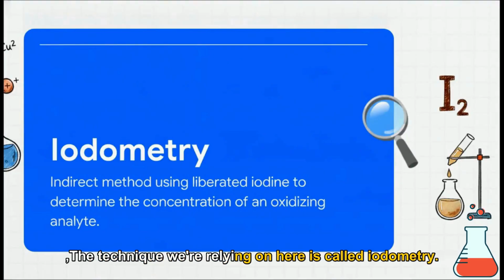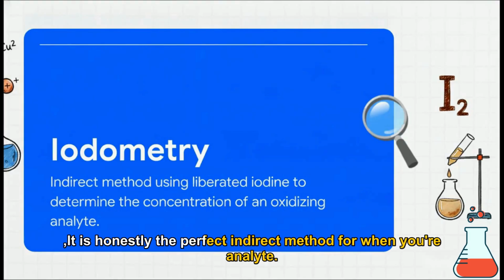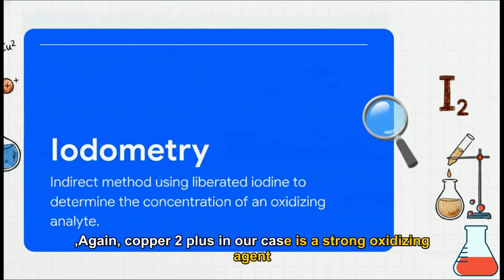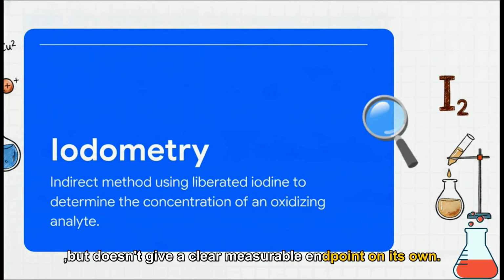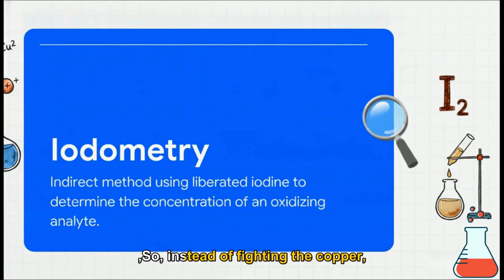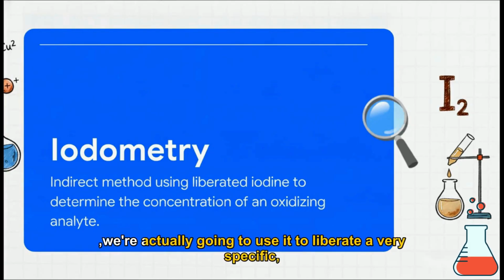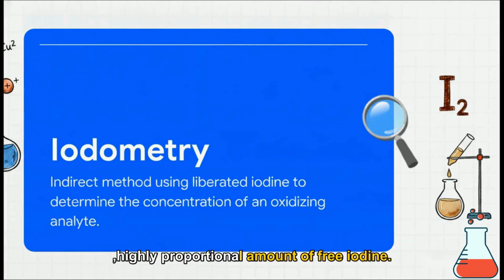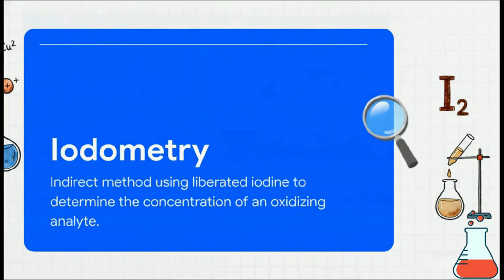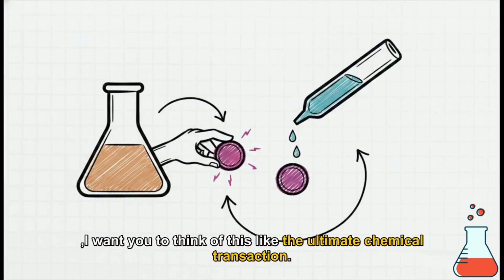The technique we're relying on here is called iodometry. It is honestly the perfect indirect method for when your analyte, again, copper 2+ in our case, is a strong oxidizing agent but doesn't give a clear measurable endpoint on its own. So instead of fighting the copper, we're actually going to use it to liberate a very specific, highly proportional amount of free iodine. I want you to think of this like the ultimate chemical transaction.